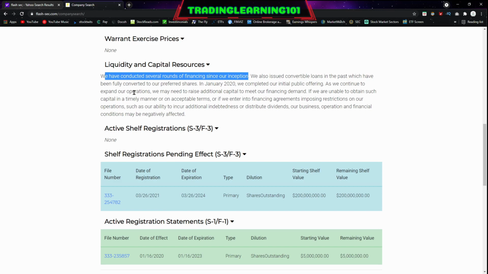As we continue to expand our operations, we may need to raise additional capital to meet our financial demand. If we are unable to obtain such capital in a timely manner or on acceptable terms, or if we enter into financing agreements imposing restrictions on our operations, such as our ability to incur additional indebtedness or distribute dividends, our business operation and financial conditions may be negatively affected.